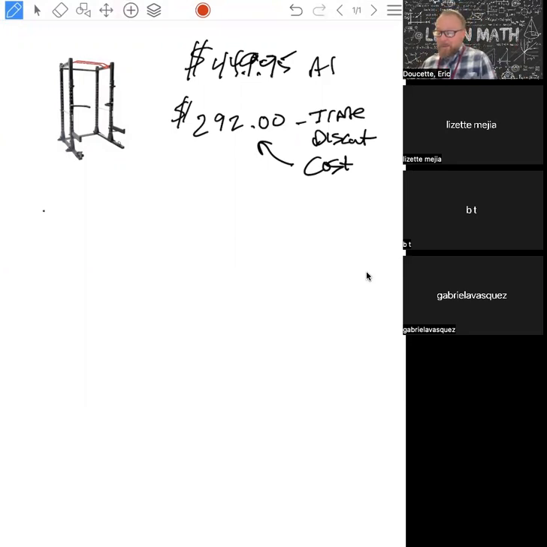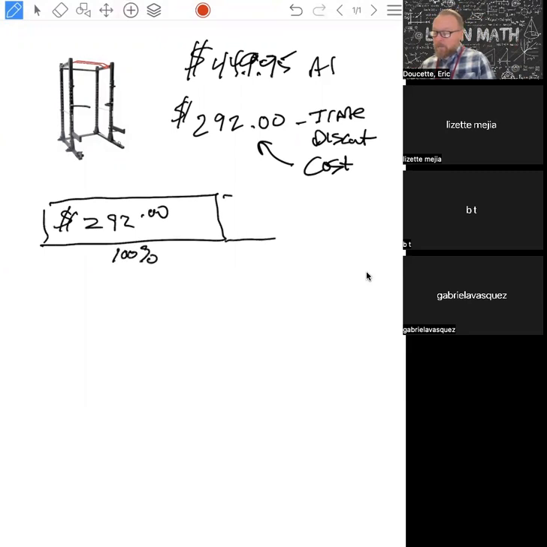So if you figure out that $292 is her cost, and now that represents 100%, she wants to mark them up. So let's call that markup by a certain percentage, which also will result in an amount, dollar-wise, right?